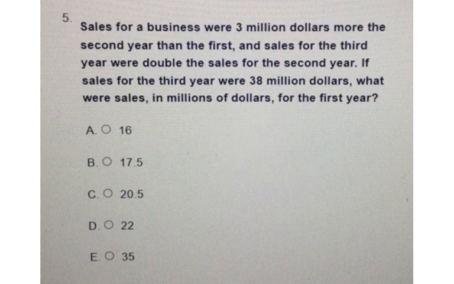How much money did they make the first year? I don't know. Let's call what they made the first year X dollars. They made X million dollars the first year. The second year, how much money did they make? 3 more than the first year. So how could I write that? X plus 3.